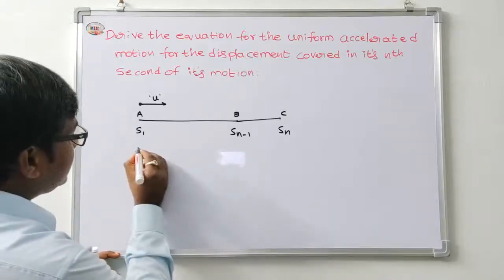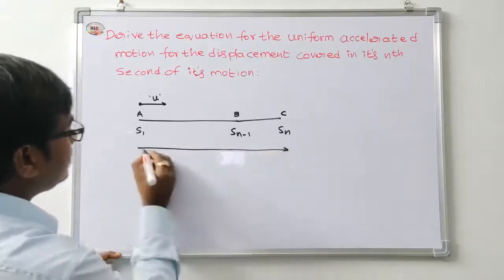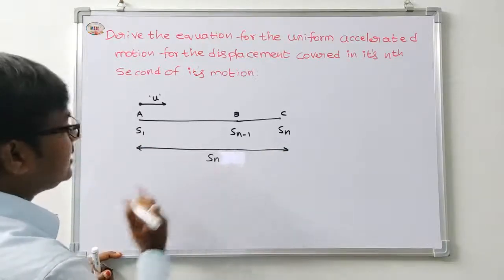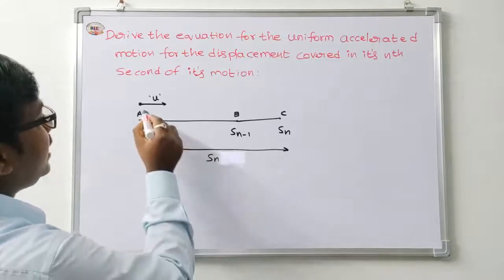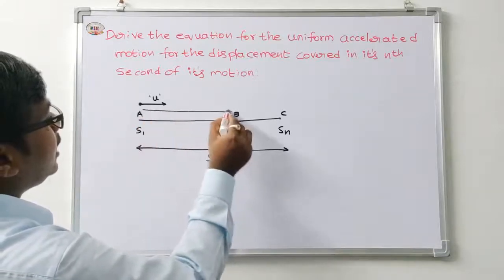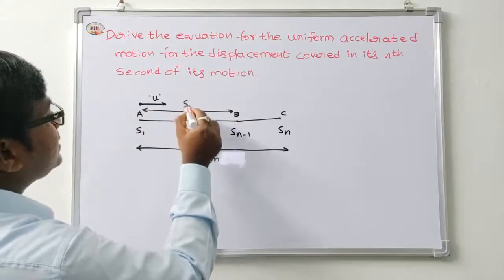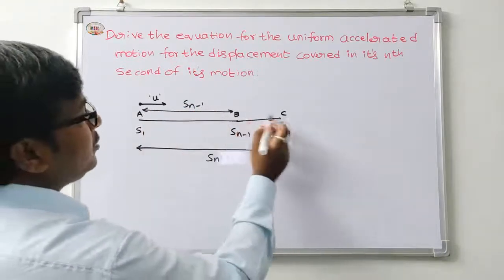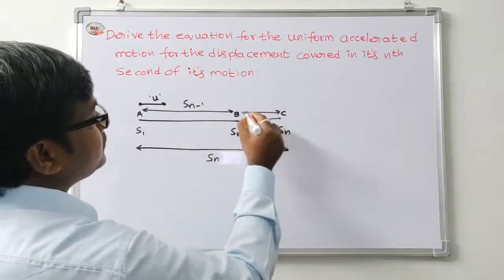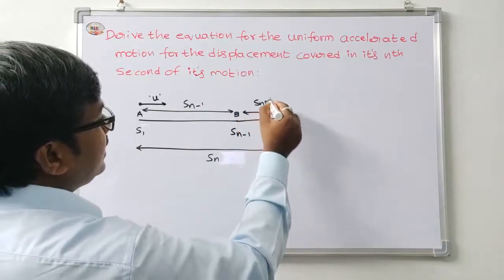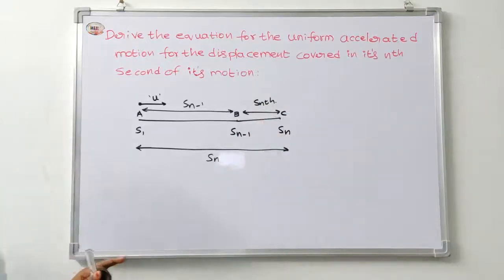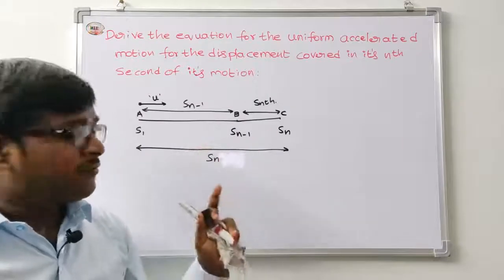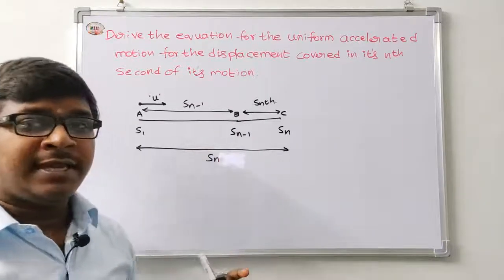So the total distance covered is Sn. A to B is the (n minus 1)th second, then B to C is the nth second. In this equation, we find out the distance traveled in the nth second.